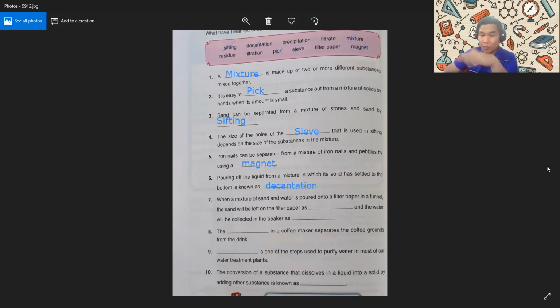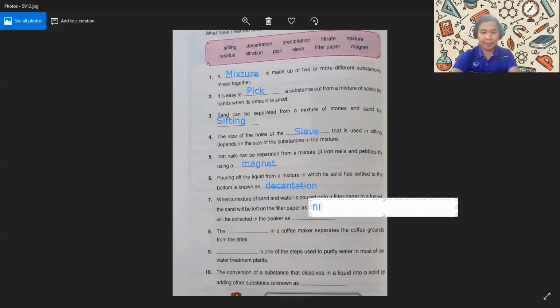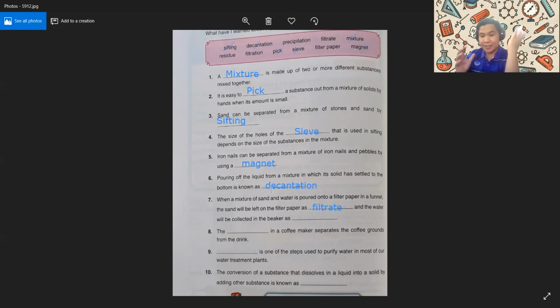What will be called the substance that is left in the filter paper? What is it called? It's called a filtrate. The one that is left in the filter paper is called a filtrate.